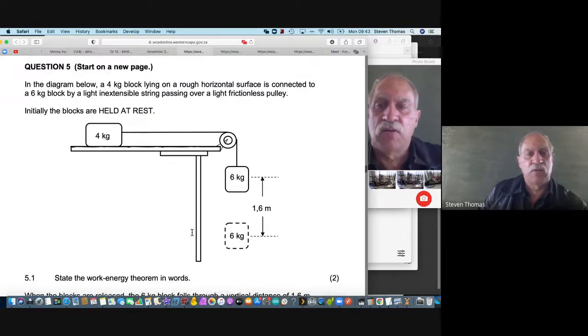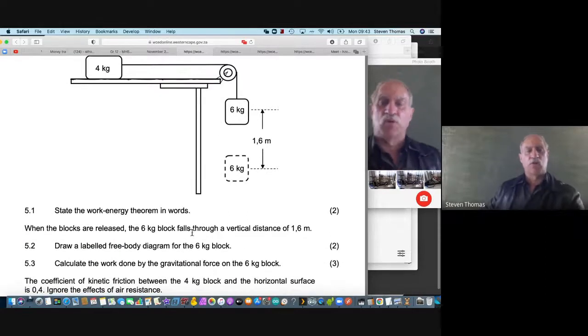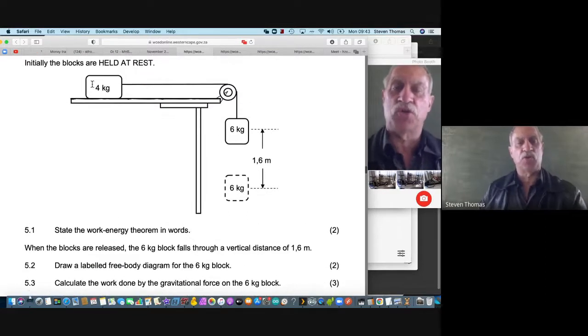And so the speed starts from naught. So what is the net work done? It's this work, that's positive work. So we're going to say m times g times h, times cos 0, plus this frictional force times 1.6, and that's going to be times cos 180, because this is negative.